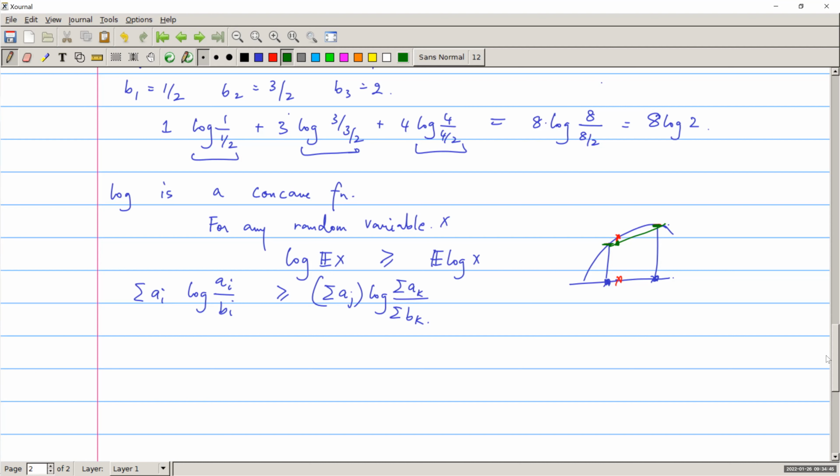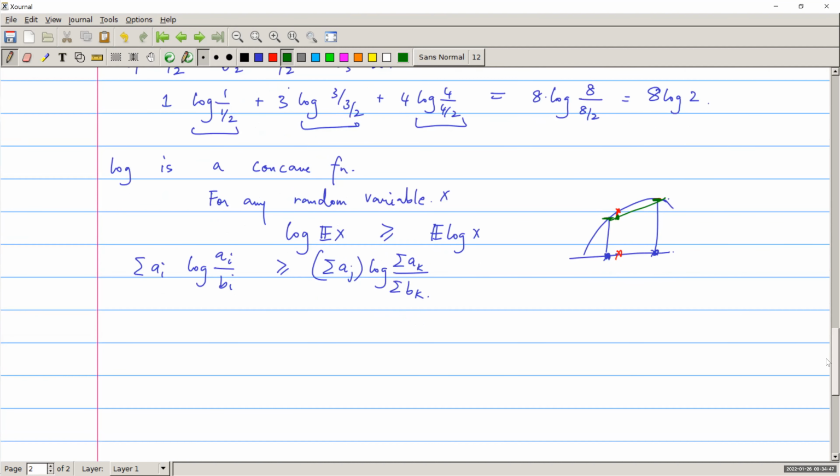Okay, so let's think of this random variable X, where X takes on values a_i over b_i, but with probability. Now we are making up a new random variable.